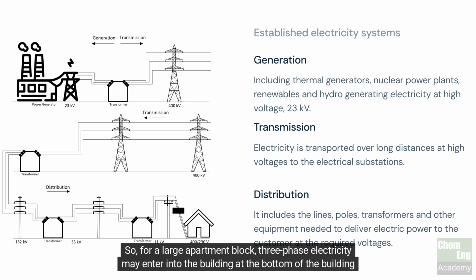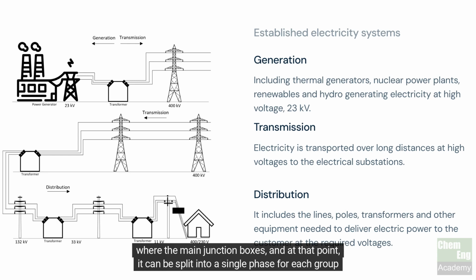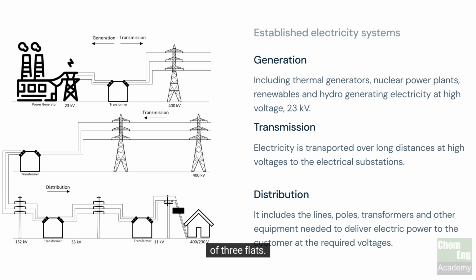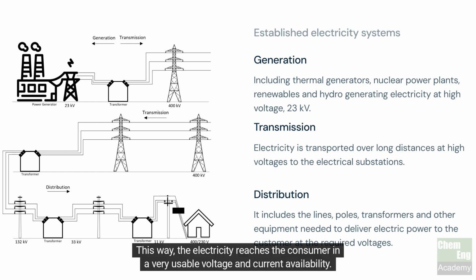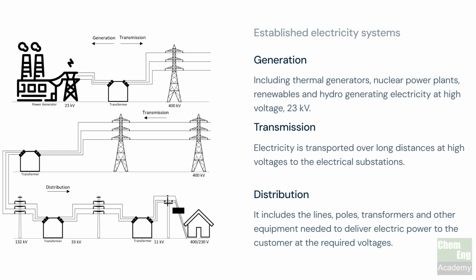So for a large apartment block, 3-phase electricity may enter into the building at the bottom of the building, where the main junction box is, and at that point, it can be split into a single phase for each group of 3 flats. So there'd be one set of flats with one of the phases, one set with another phase, and one set with the third phase. This way, the electricity reaches the consumer in a very usable voltage and current availability.